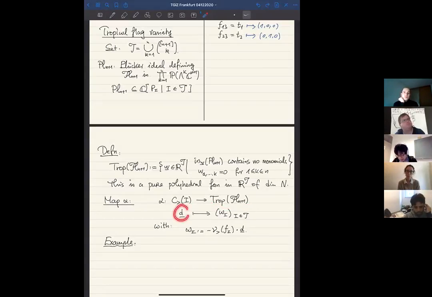It just takes a degree vector D, a vector in this cone, and I will get some degree for the Plücker coordinates Pi, where this degree is nothing but this inner product. So one moment. Okay, this inner product, but here I need a minus. For some reason, I need a minus here. This is for the coherency.